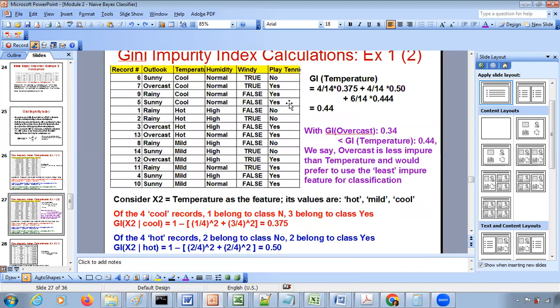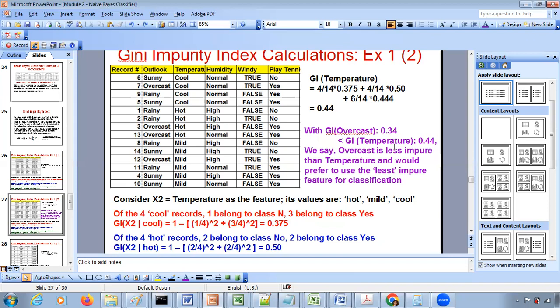Similarly, for example, if you look at temperature with hot as its value, there are 4 records with temperature hot, and 2 of them are no, and 2 of them are yes. This is actually the maximum impurity you can have.